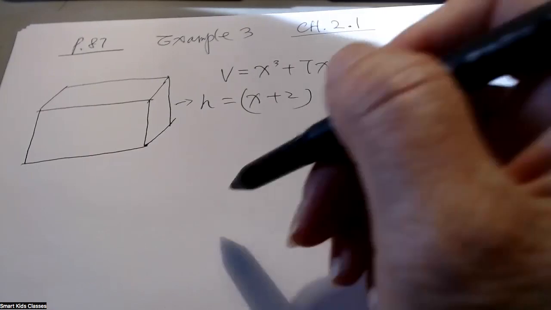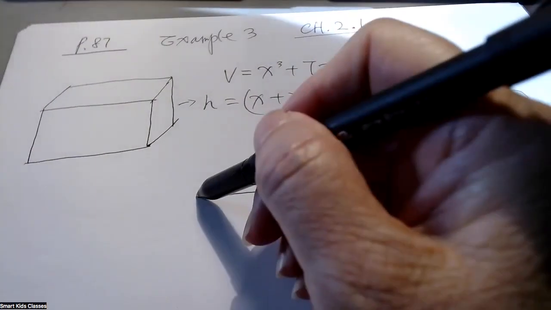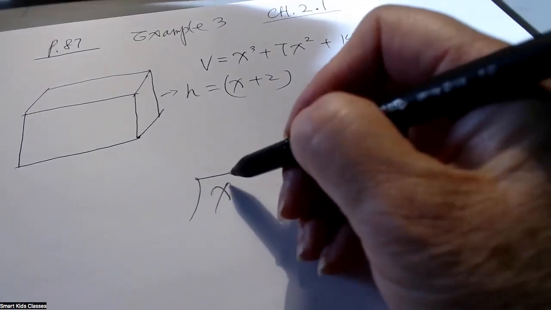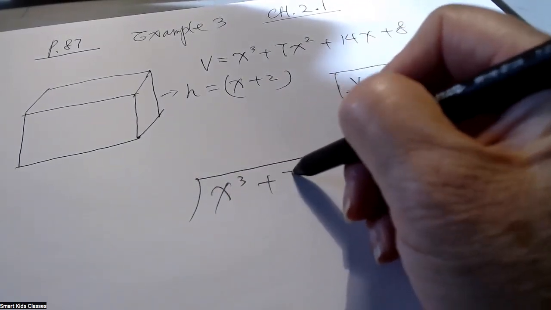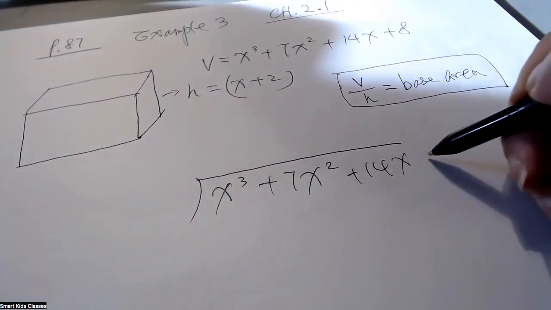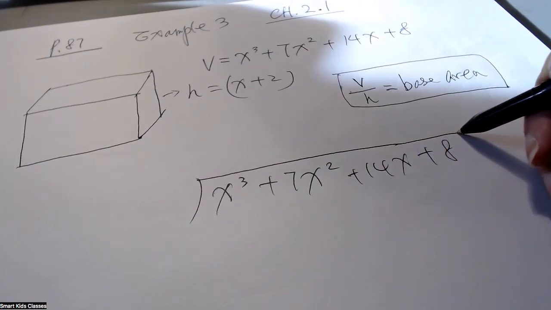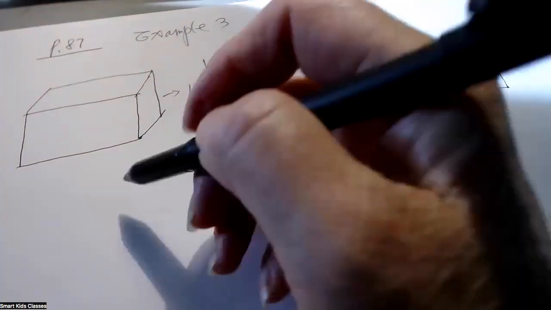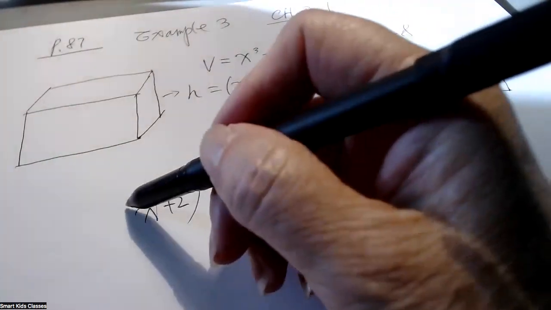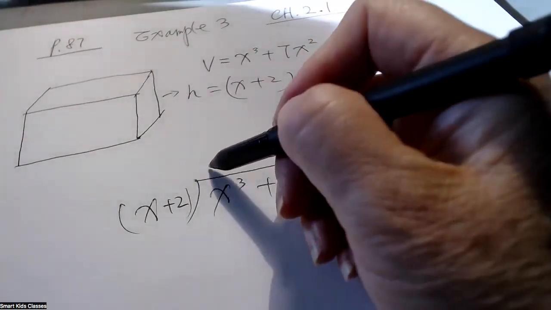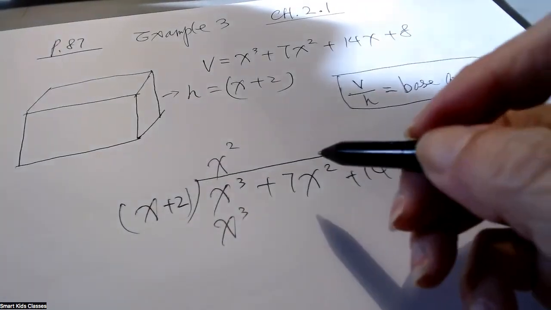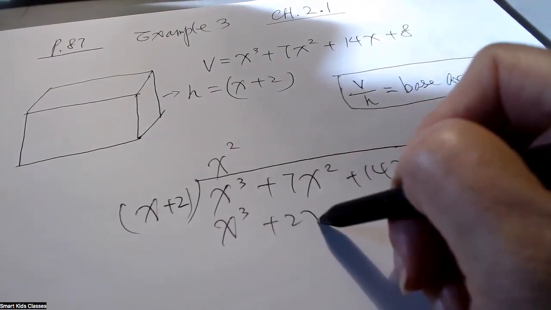Now we put the V in a division box: x exponent 3 plus 7x exponent 2 plus 14x plus 8. Now we divide by the height, x plus 2. The first term we try is x exponent 2, and we get x exponent 3 plus 2x squared.